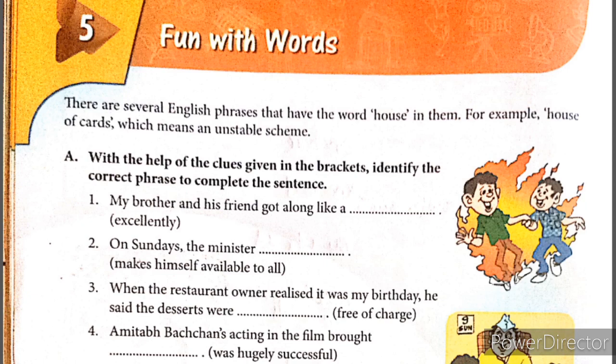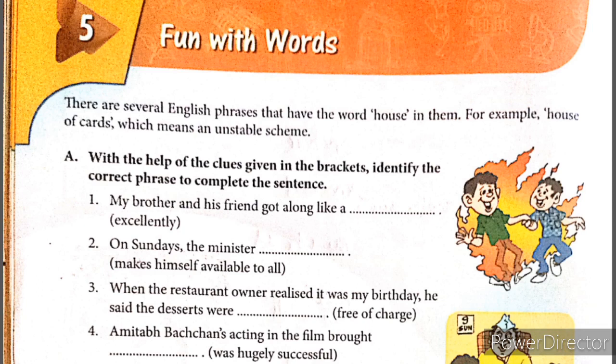With the help of the clues given in the brackets, identify the correct phrase to complete the sentence. So first, you see: my brother and his friends got along like a dash. The clue given is excellently. Now you will ask which one we will use.